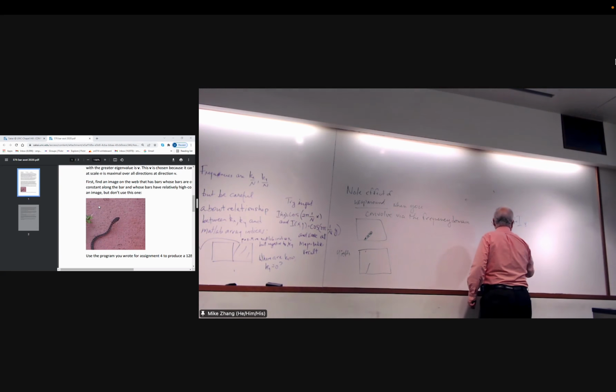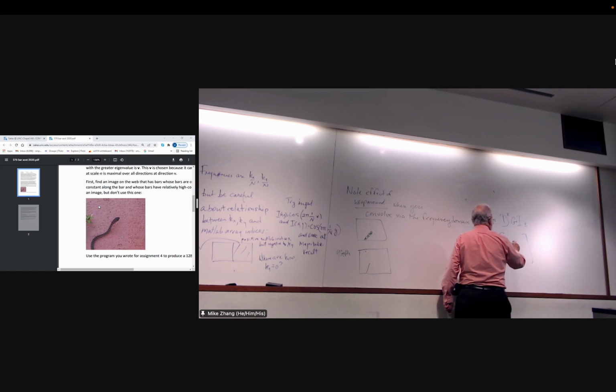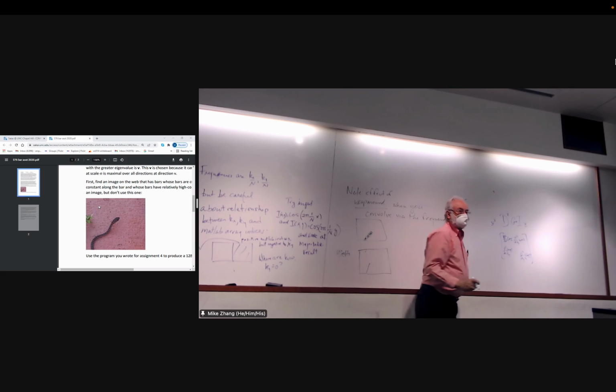And that's going to yield you a 2 by 2 matrix of d2 by dx squared, d2 by dy squared, d2 by dx by dy, d2 by dx by dy, and everything in here is g convolved with I. Right?